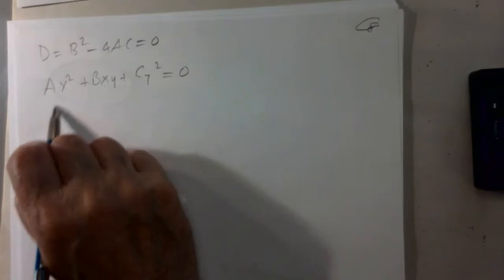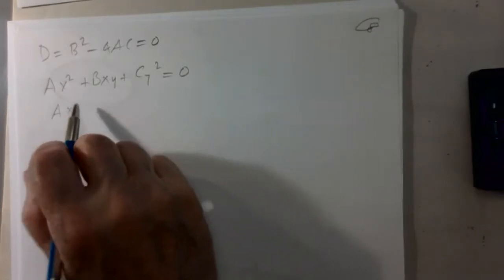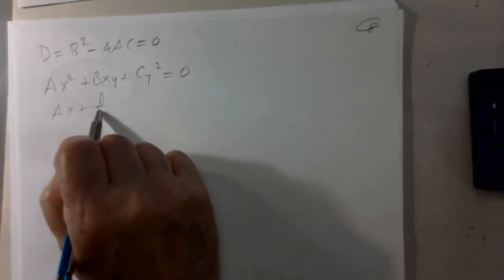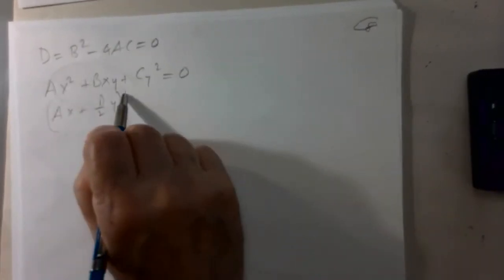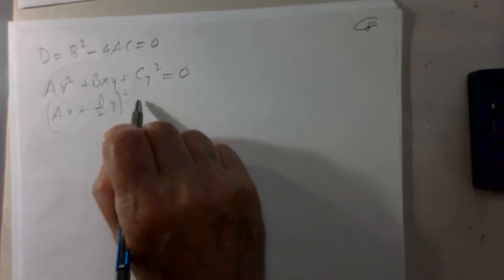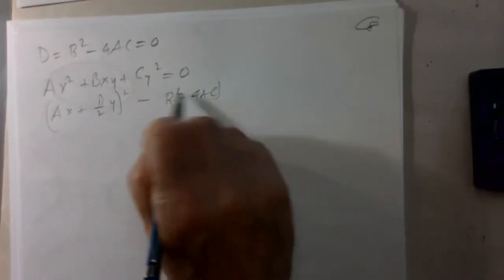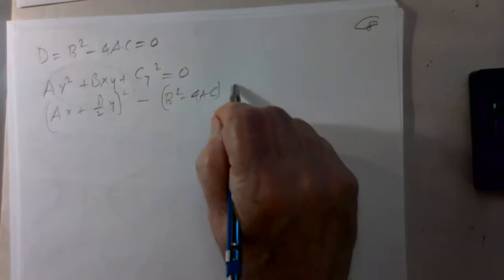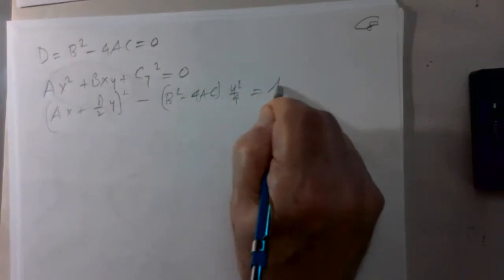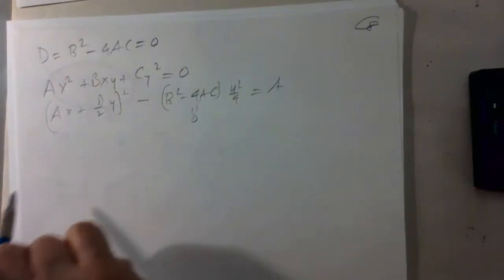When we completed the square, we got (ax plus b over 2 y) squared minus (b squared minus 4ac) y squared over 4 equals a, but this was 0.